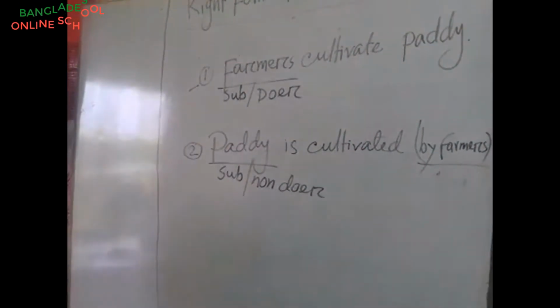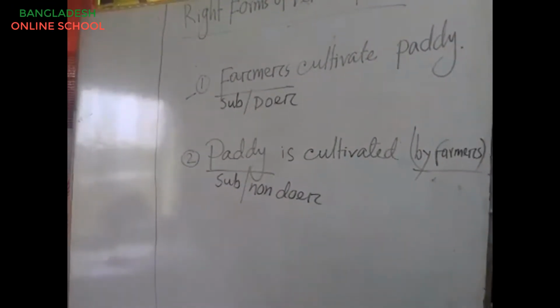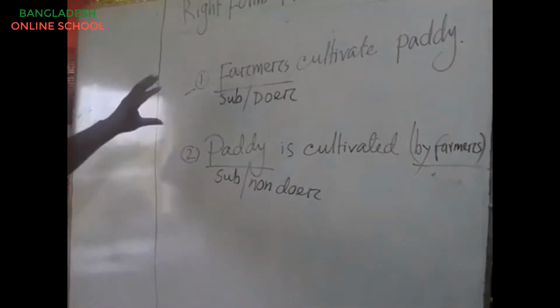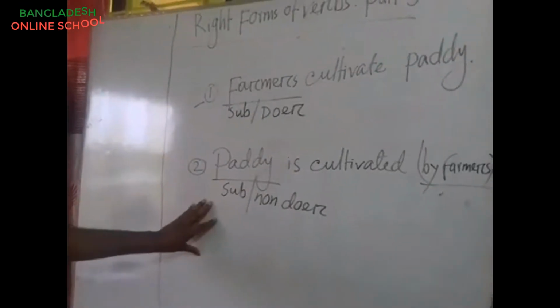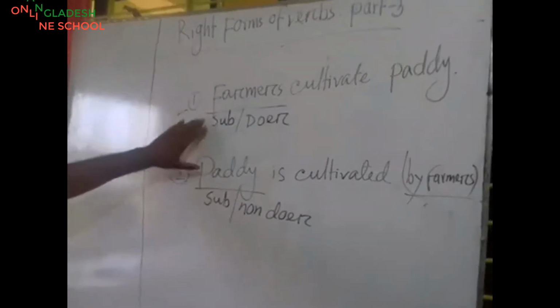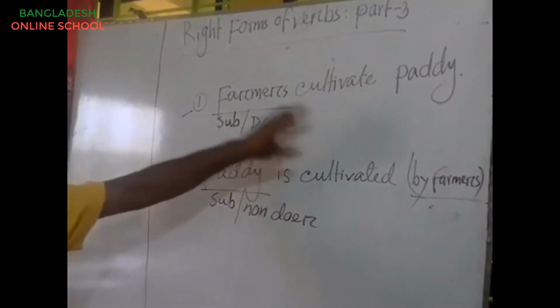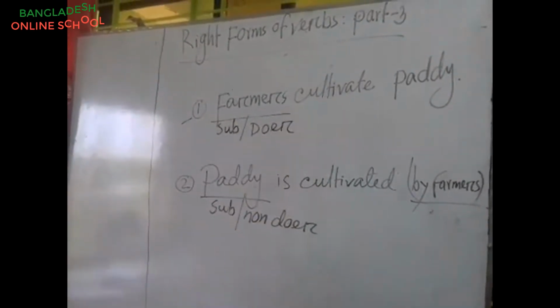Okay, so students, you should have a clear idea of what is doer and what is non-doer. Farmer is doer because the subject does the activities of the verb.